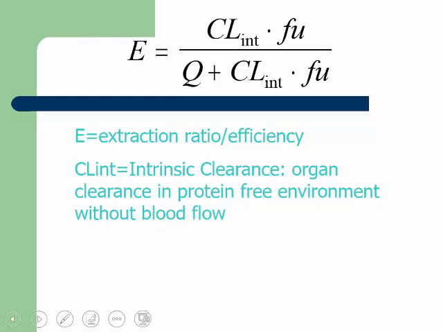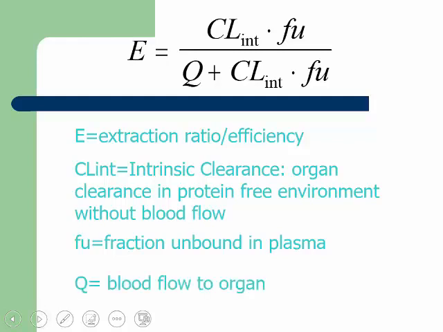That's what is being asked. So it's the intrinsic ability of the organ to clear drug. Fu is the fraction unbound in the plasma. You're well acquainted with that. And then Q, of course, is the blood flow.